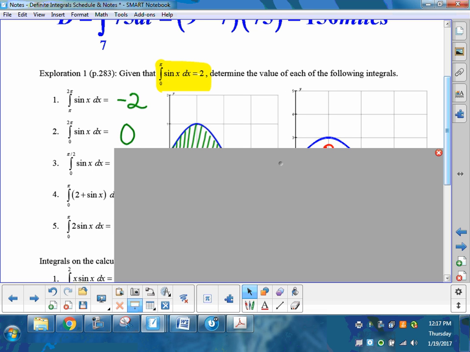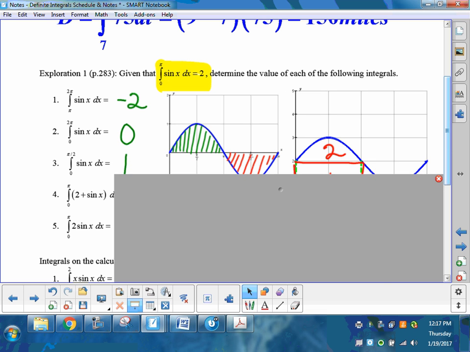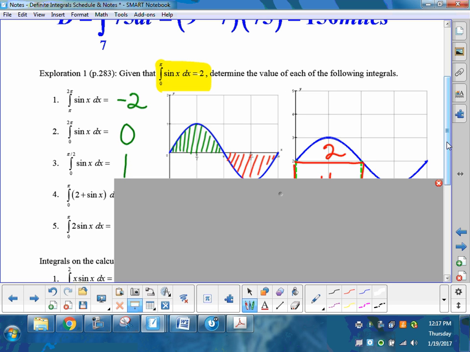Because if you know from 0 to pi is going to be 2, 0 to pi over 2 is half of the distance. This area here is 2 units. This one here is 2 units, except this is negative because it's below the x-axis. How much of the hump do you have? Half of it. What's half of 2 then? 1.